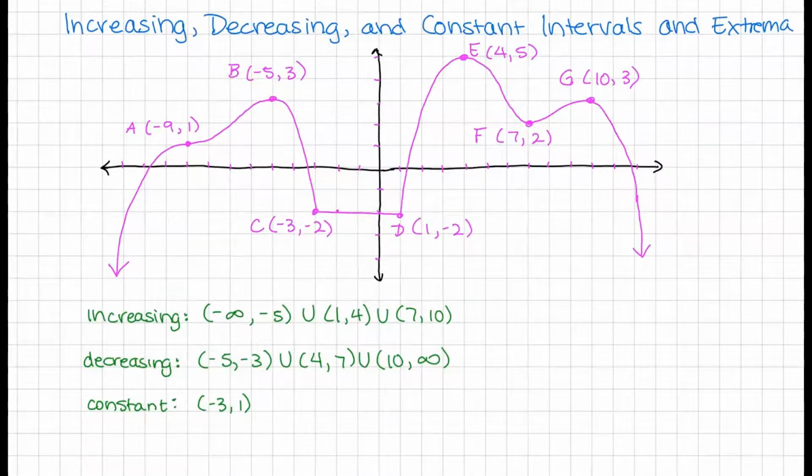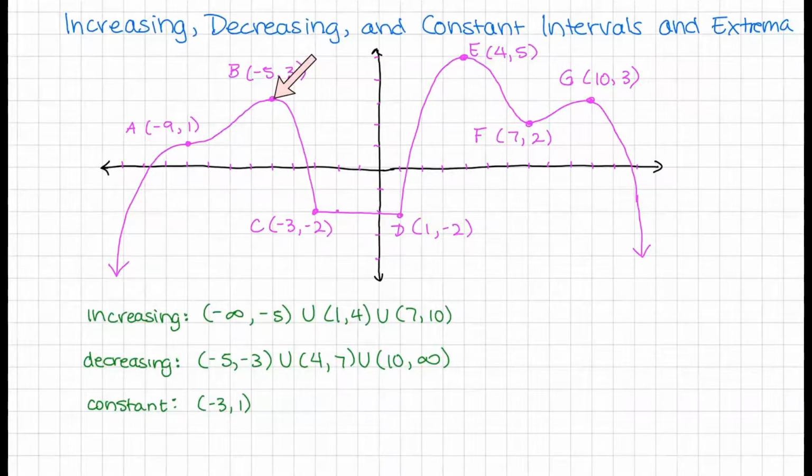Now the one thing, never include the endpoints, because by definition, we say that the graph is increasing on every point in this interval, because if we take any point in this interval, just to the left of that point is smaller and just to the right of that point is bigger. So what do I mean by that?